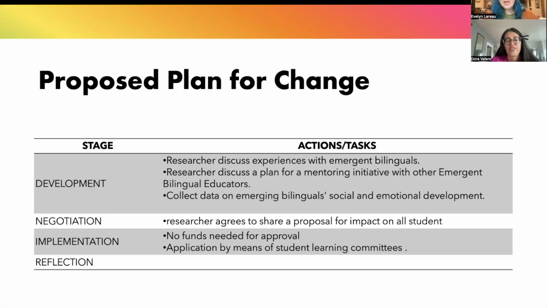So there you have it, you guys. What I really liked is that Dora and I have two completely different concepts and approaches to participatory action research and how we want to go about facilitating change.